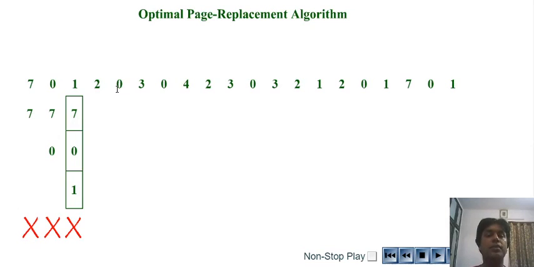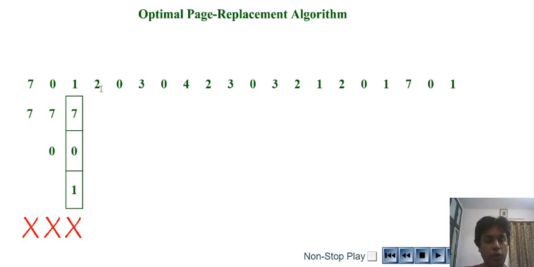So I am going to replace the one which I know is not going to be used very soon. If I want to swap in 2 into one of the frames of my memory, I need to ensure that I swap out only those pages which will not be required very soon, so that most of the time that page can directly be found in one of my frames in the memory.